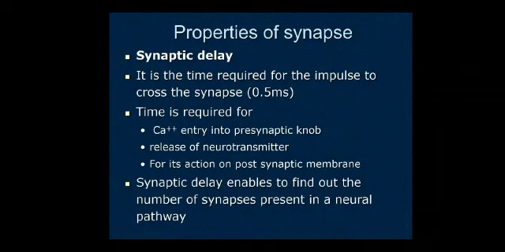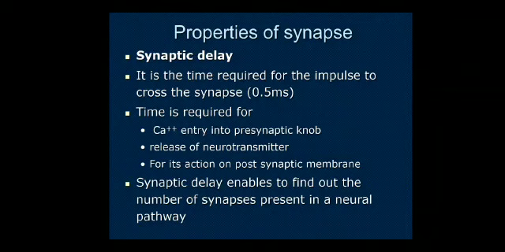And this is mainly due to the calcium influx in the presynaptic terminal and release of neurotransmitters, and the neurotransmitter binds to the receptor proteins, and then the channels open. All these need some time. So this time we call the delay.